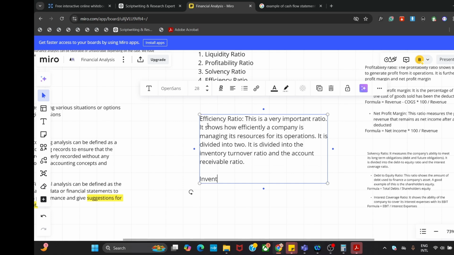Now let's talk about each of the subdivisions of the efficiency ratio.